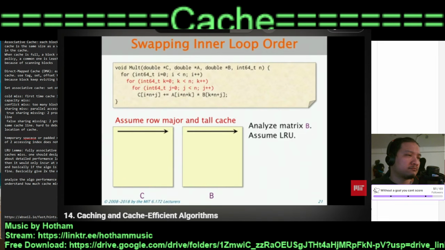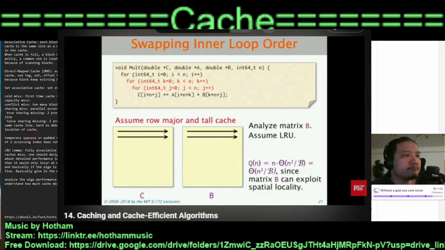So now when I analyze the number of cache misses of matrix B, assuming LRU, I'm going to benefit from spatial locality since I'm going row by row, and the matrix is stored in row major order. So across all of the rows, I'm just going to require theta of n squared over B cache misses, and I have to do this n times for the outer loop.